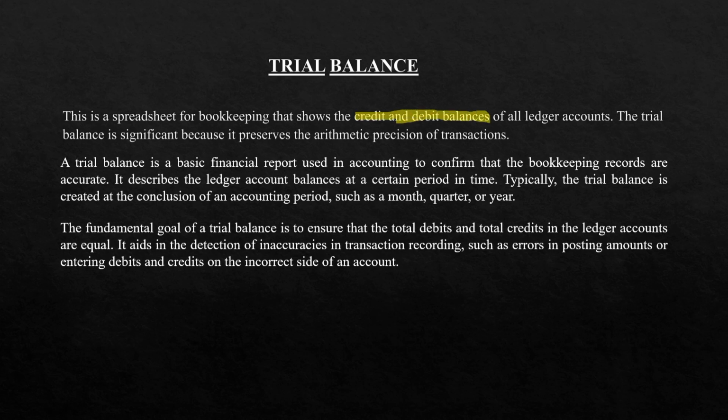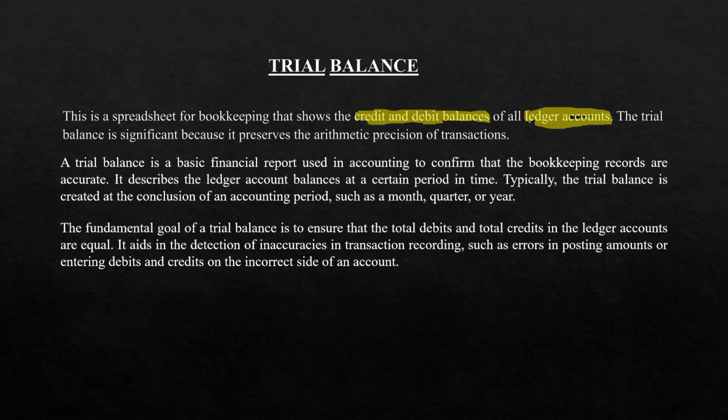As I said, the trial balance has two balance columns. So it shows the credit and the debit balances of the ledger accounts, because we use ledger accounts to extract the trial balance.